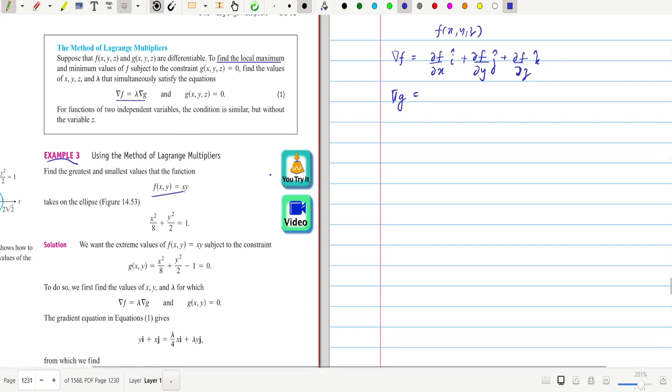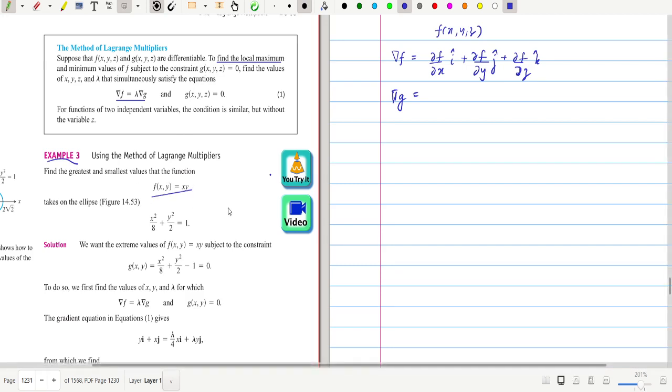We consider f of x, y equal to x times y, and we need to find the maximum or extreme values of this function on this ellipse, x square by 8 plus y square by 2 equal to 1.